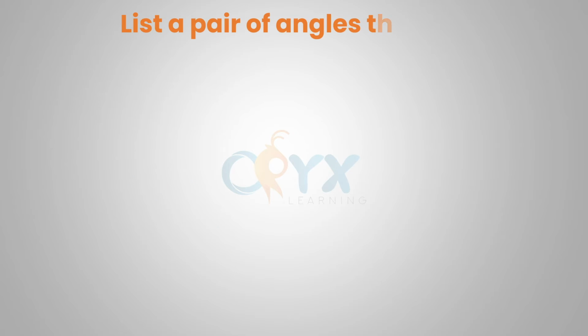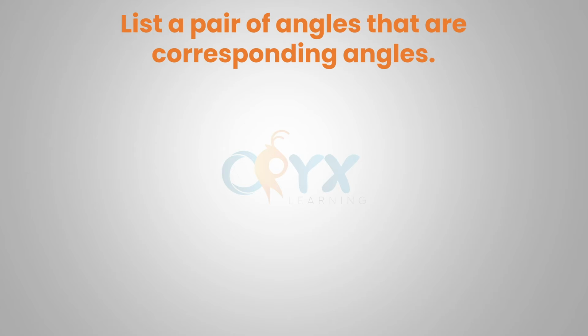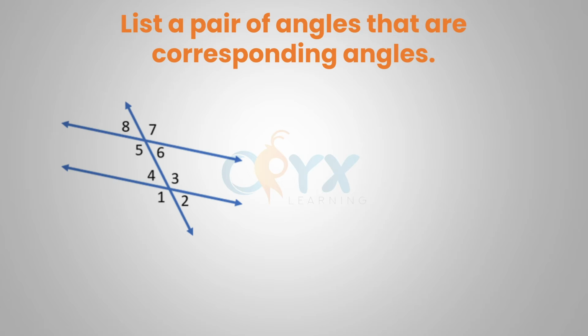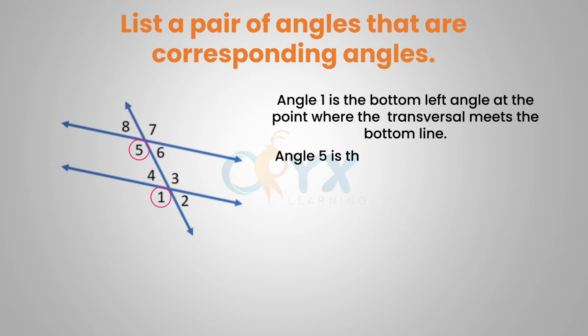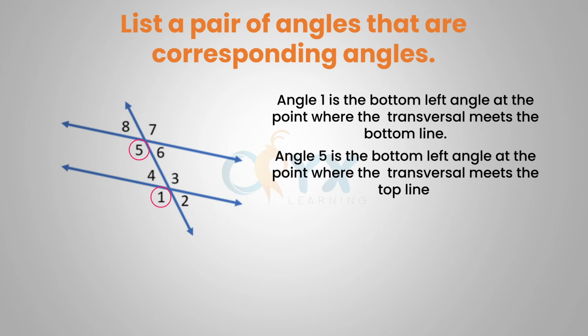List a pair of angles that are corresponding angles. Angle 1 is the bottom left angle at the point where the transversal meets the bottom line. Angle 5 is the bottom left angle at the point where the transversal meets the top line.